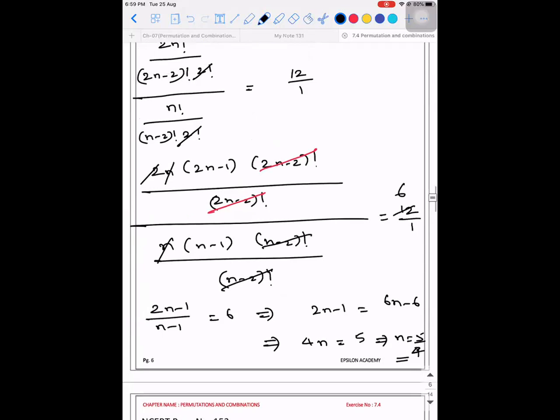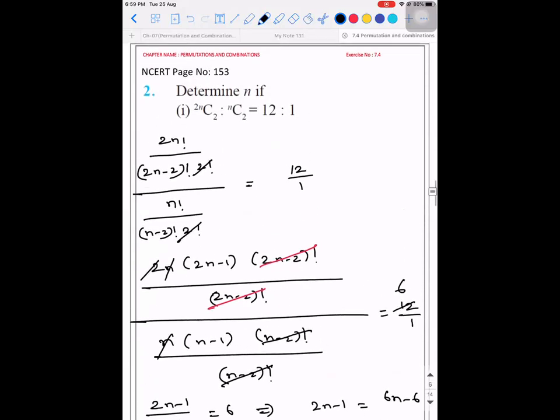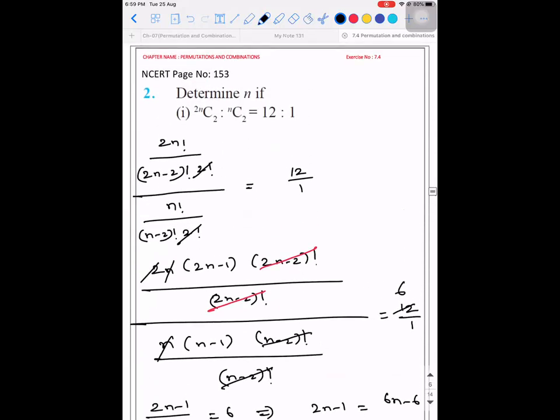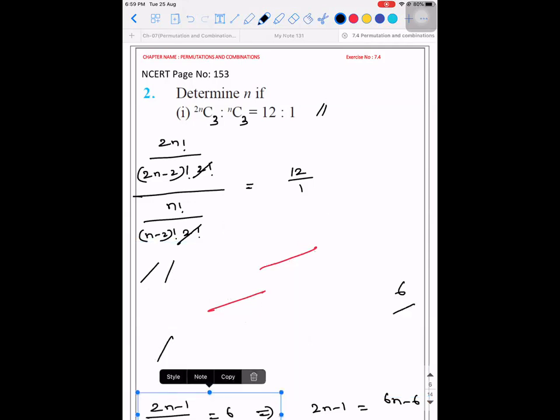This is the second question only, no, sir? Yeah, second one, page 153. It is 2nC3, right? Yes, there is a printing mistake here, guys. I took it from online. So 2nC3 is the question. If that is the case, I hope you guys are able to understand.